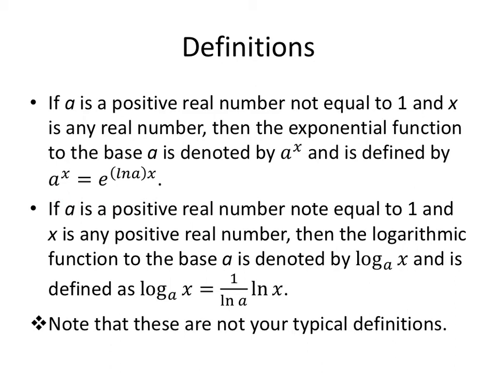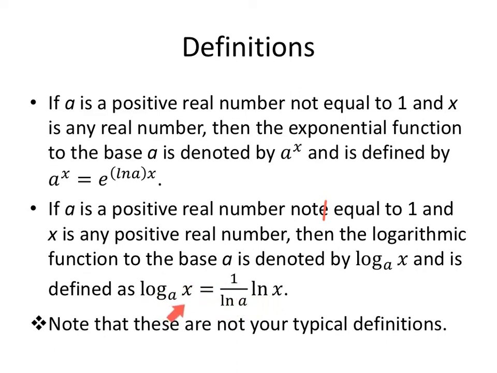If a is a positive real number not equal to 1, and x is any positive real number, then the logarithmic function to the base a is denoted log base a of x, and it is log base a of x equals 1 over natural log of a times the natural log of x. And this is a little more common.